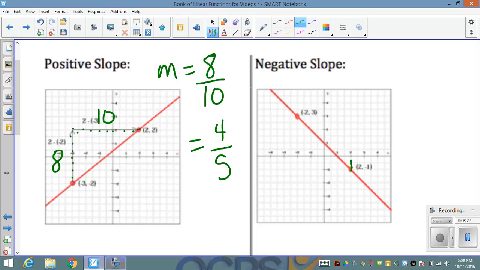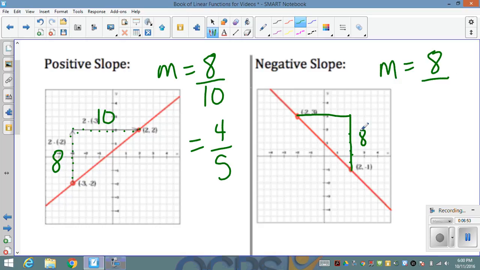Let's take a look at our negative slope. I'm going to draw my slope triangle this way. Doesn't matter which one you start with, which one you end with. Just be careful when you're counting. And I'm using the 2 points that are already labeled there. I'm going to count up first. My rise goes first. So I'm going to count up 1, 2, 3, 4, 5, 6, 7, 8. So my rise is 8.